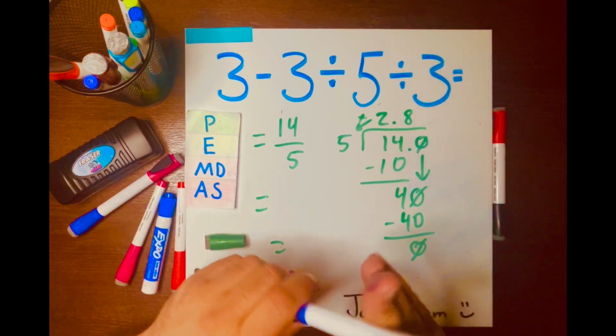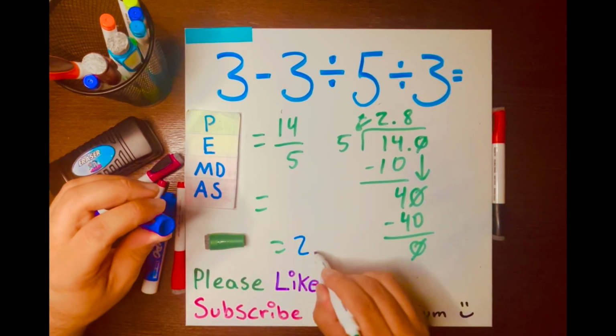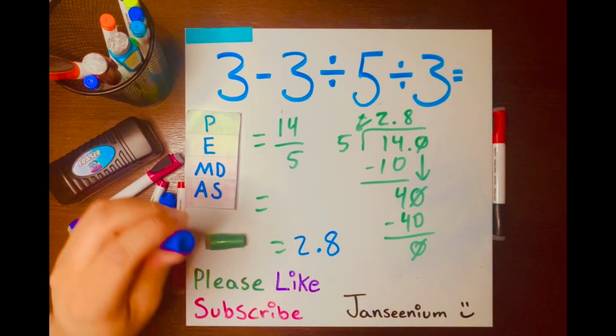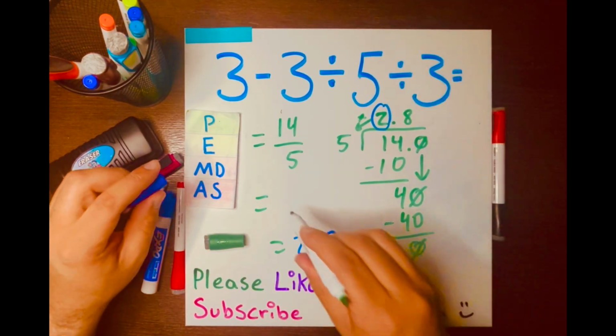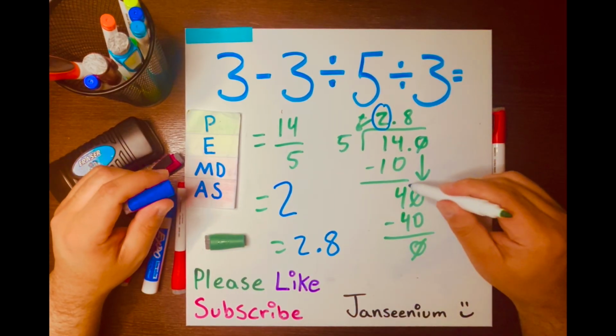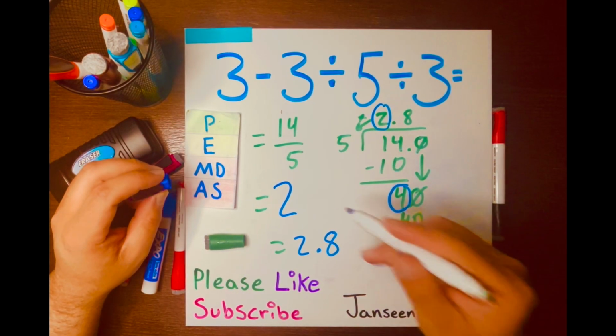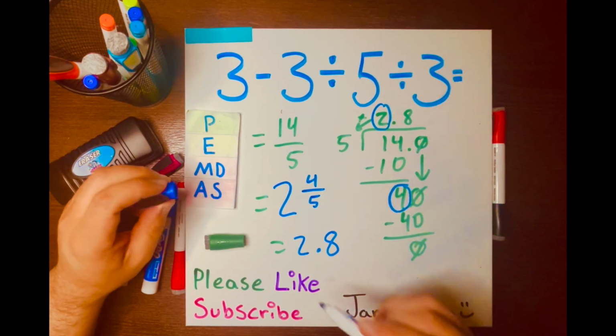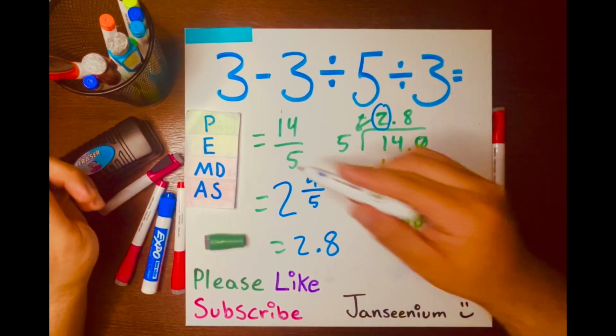So your answer in decimal form is 2.8. And your mixed number answer is this number, which is the whole number, and then the remainder, which is the 4, goes above the fraction bar, and the 5 goes below the fraction bar. And there you go. You have 3 different answers.